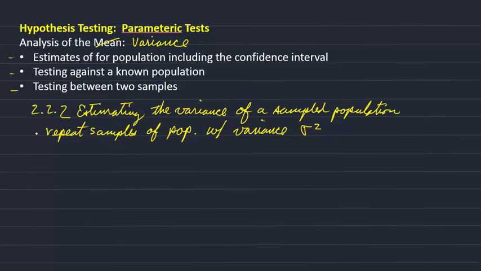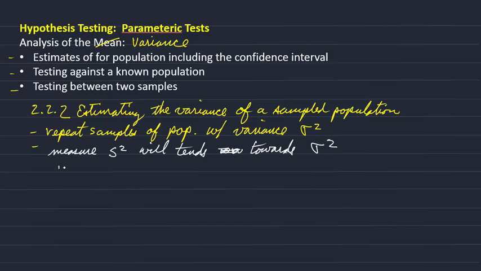If we do that, then it turns out that the measured variances within our sample will tend towards, or they'll cluster about, sigma squared.